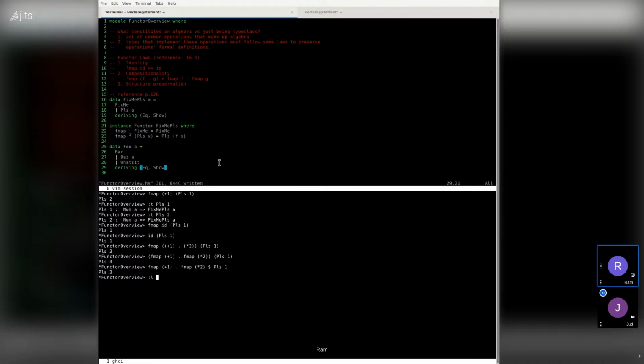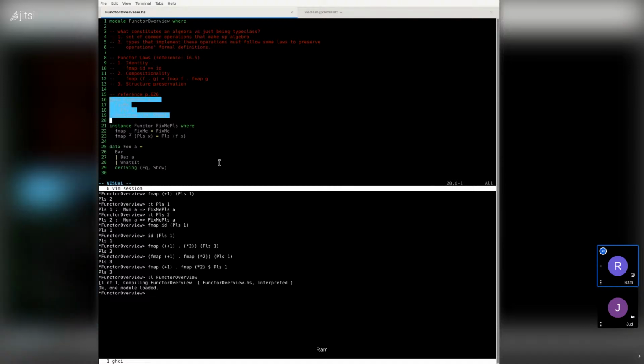Okay, let's load this guy up. Right now, obviously, if we see this, you can just simply take a look at the example that was shown here and say, oh, we could just implement the instance of the functor here the same way.